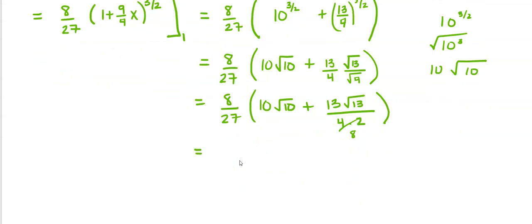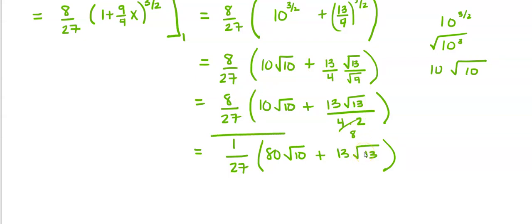So let's take this and write 1 over 27, and we could write that as 80 root 10 plus 13 root 13. And again, that's because your 8 in this fraction, the numerator, when you distribute it through to the second term, it'll cancel with this 8 in the denominator. So there we have our answer.